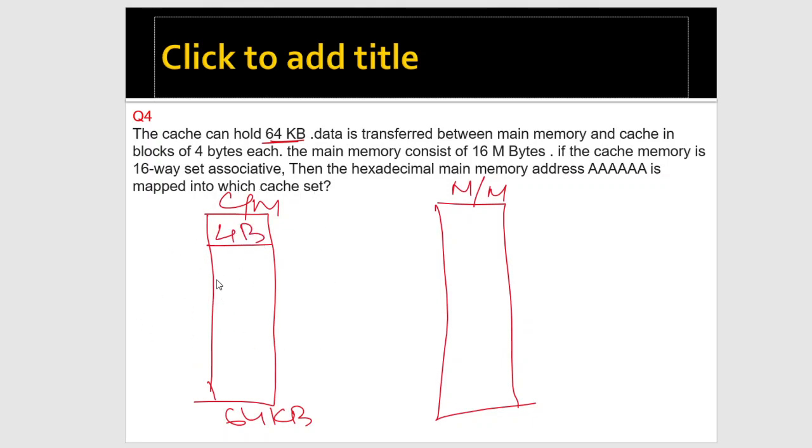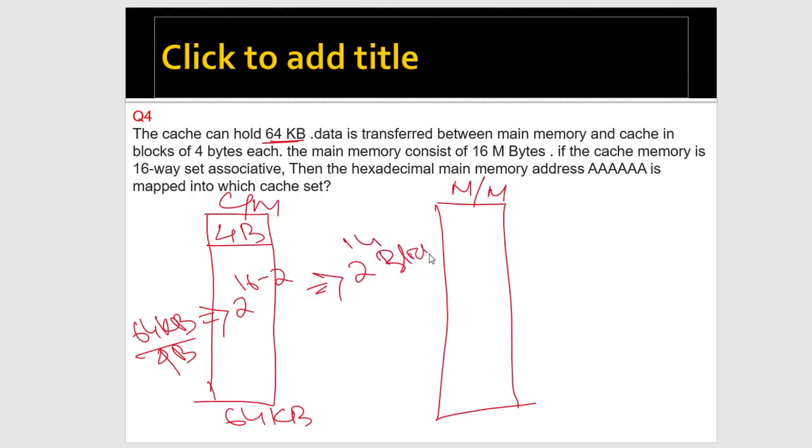The number of blocks is how much? 64 KB by 4 bytes, which is 2 to the 16 by 2 to the 2. 4 means 2 to the 2. So 2 to the 14 is the number of blocks.